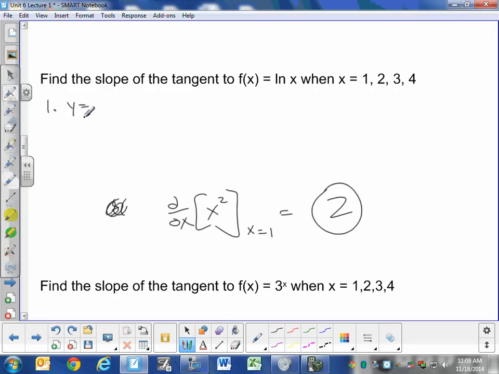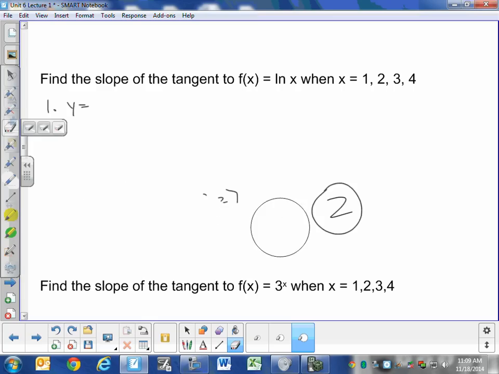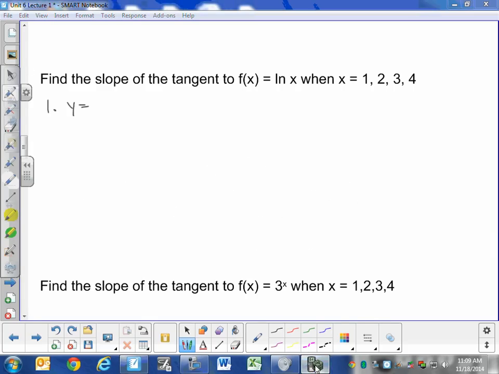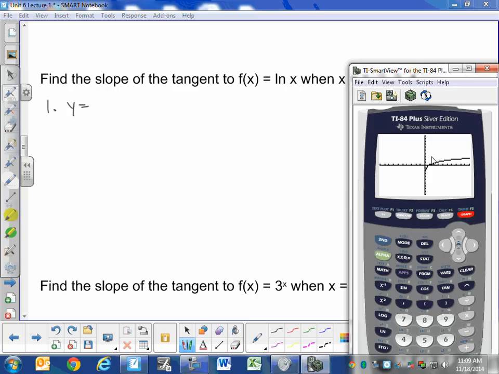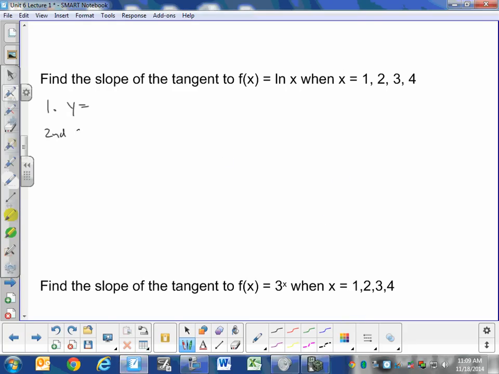Okay? So to show what the calculator does, let's look at log x. It won't tell you what the derivative function is. It won't tell you what your slope generator is. But if you go into second calc and you click on dy/dx and you give it an x value, it will tell you.